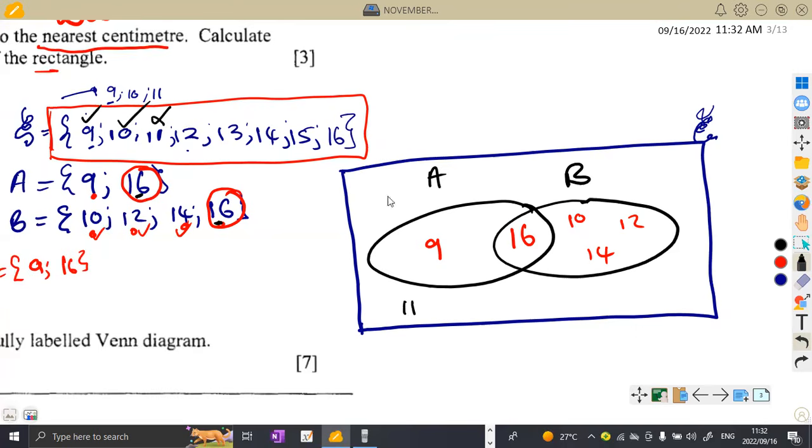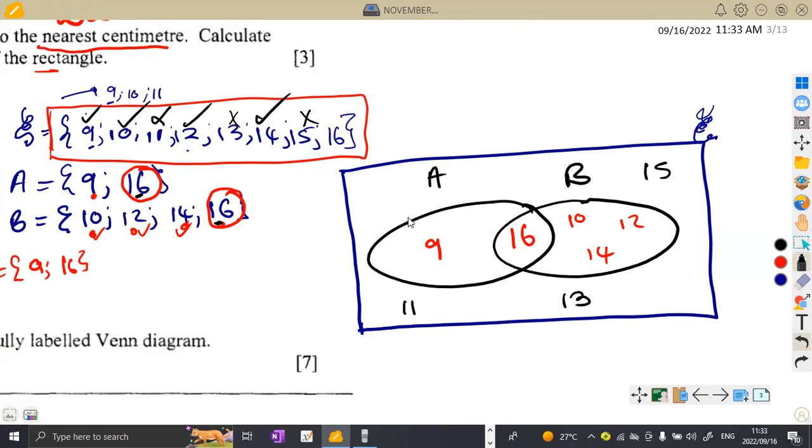We move on to 12. We have got 12 here. We move on to 13. We do not have 13 here, so we write it outside. 14, we've got 14 here. 15, we do not have 15, so we're going to write this 15 outside of the set. 16, we've got 16.